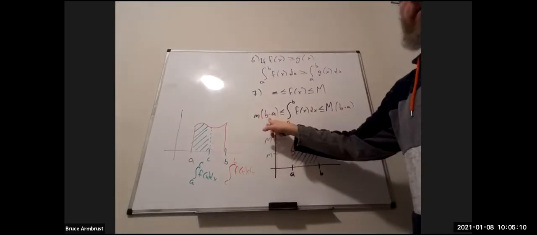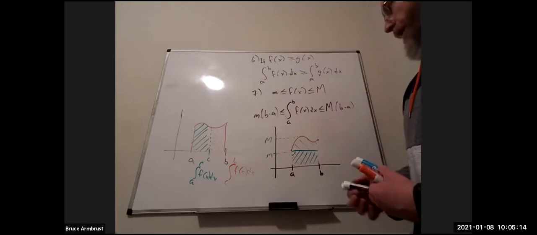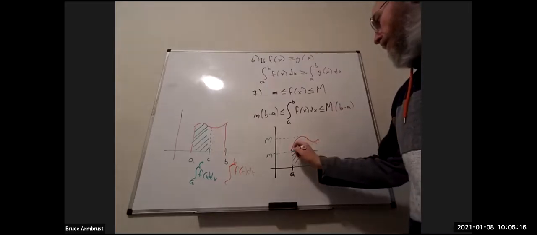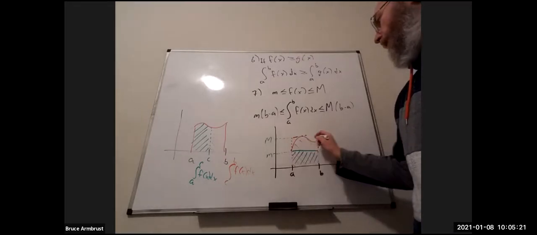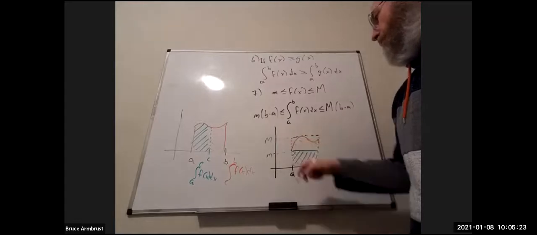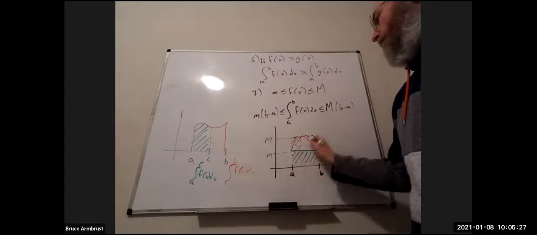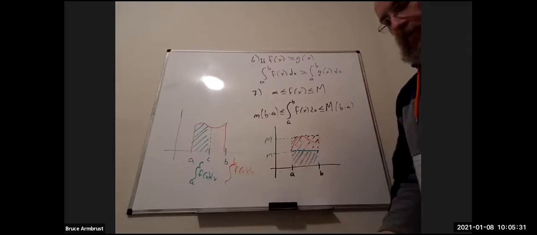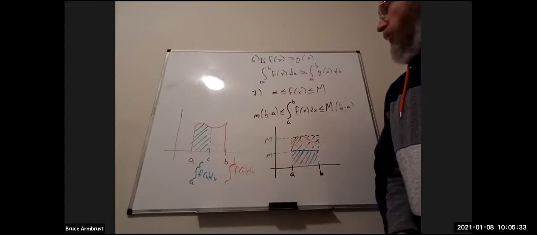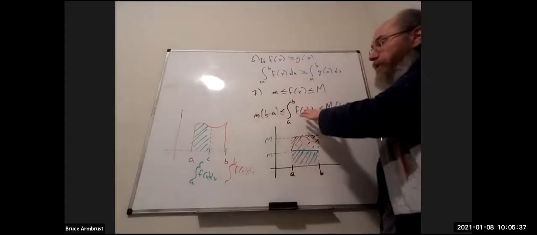Height times width. Big M times b minus a is also the area of a rectangle, but it's a rectangle with height big M. So graphically, here's your graphical proof of this statement.